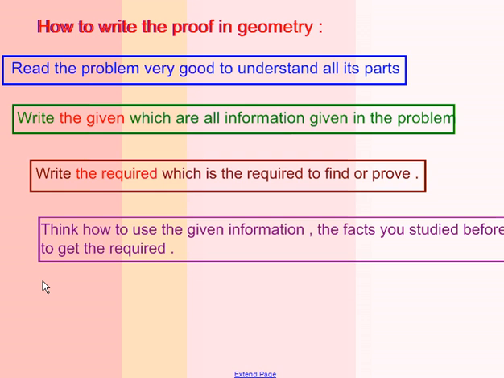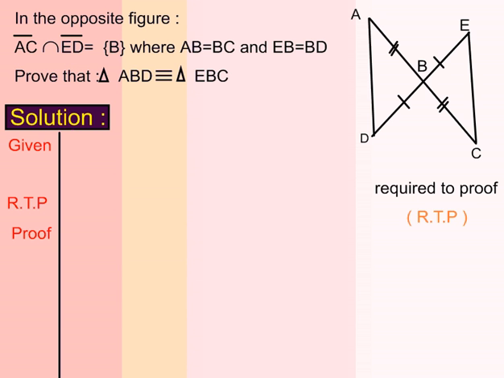Let's start with the first exercise. In the opposite figure, we have AC line segment. AC line segment intersects AD line segment at a point B, where AB equals BC and EB equals BD.